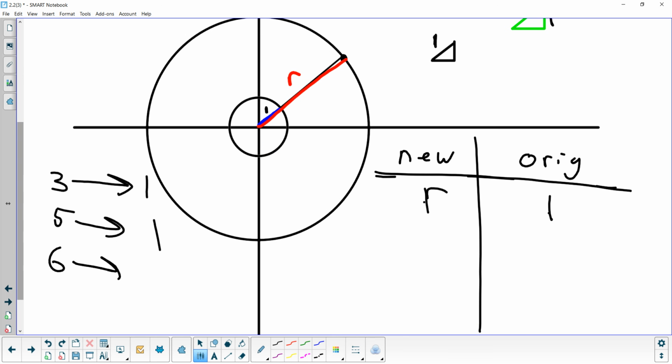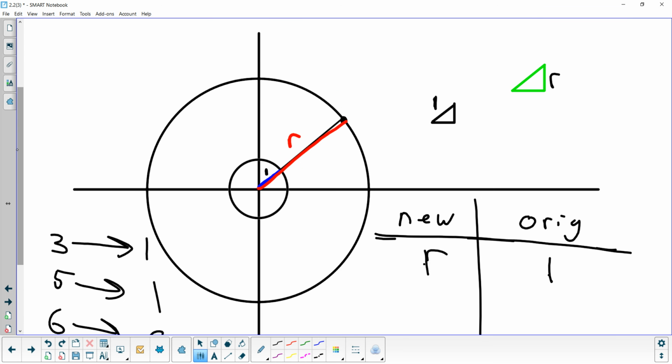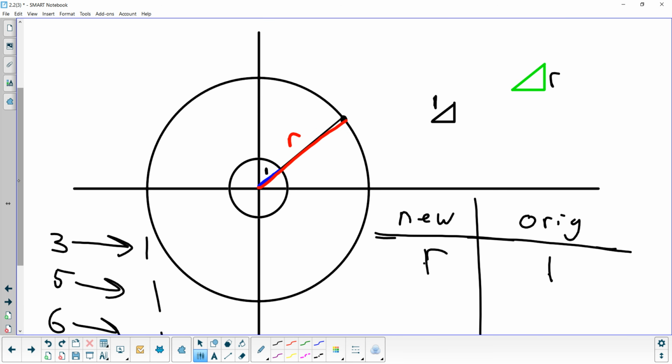What if your radius was 6? What could you divide it by to turn it into 1? Yeah, you just keep dividing it by itself. So if your radius is r, divide it by itself, and it turns into 1.